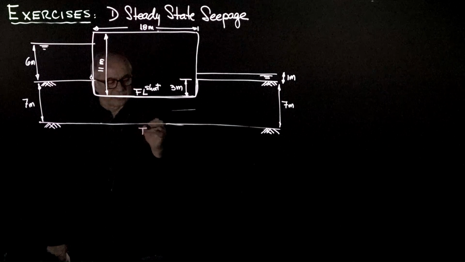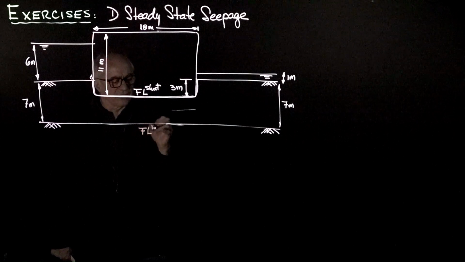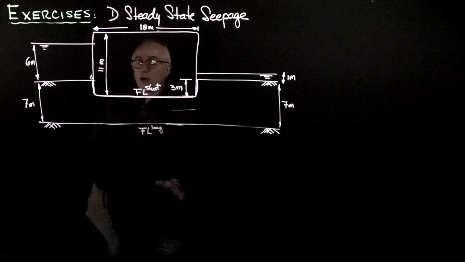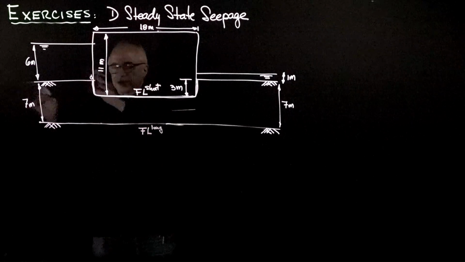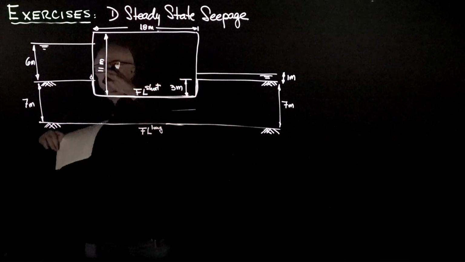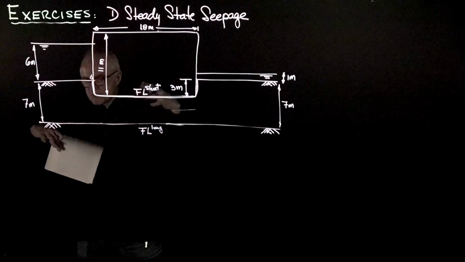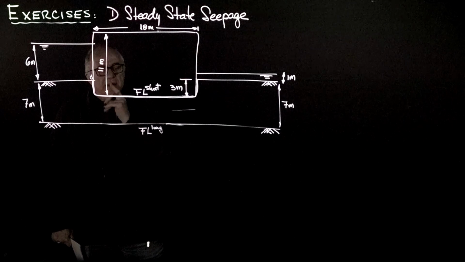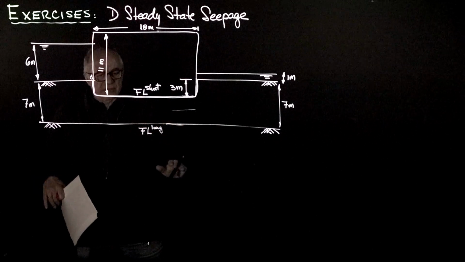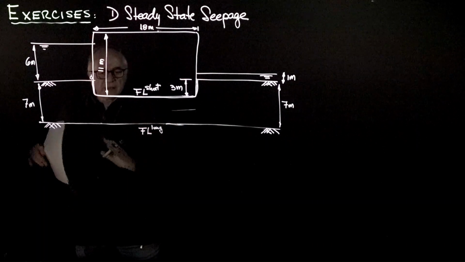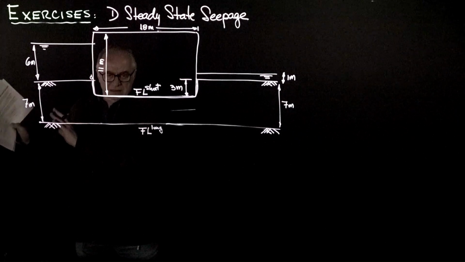So this is also a flow line, and this is the longest one. And all the flow from left to right will be constrained between these two flow lines, which actually define a big channel.